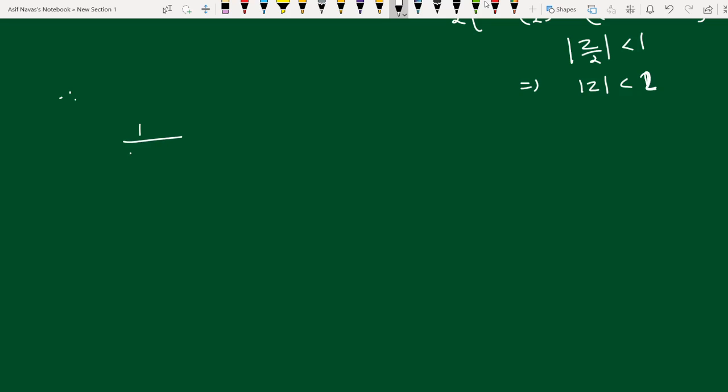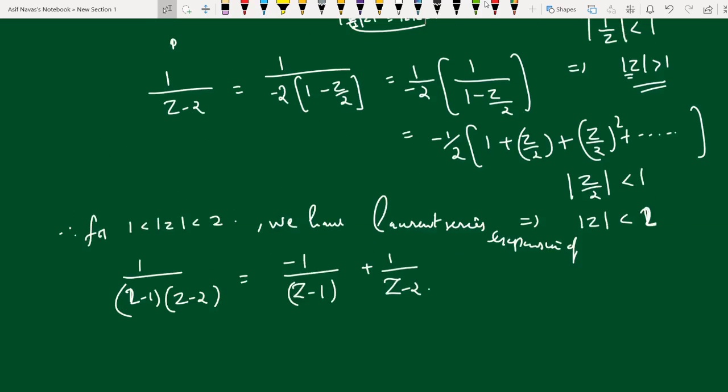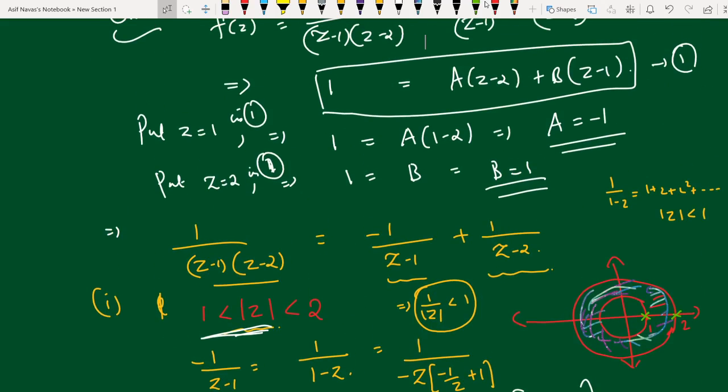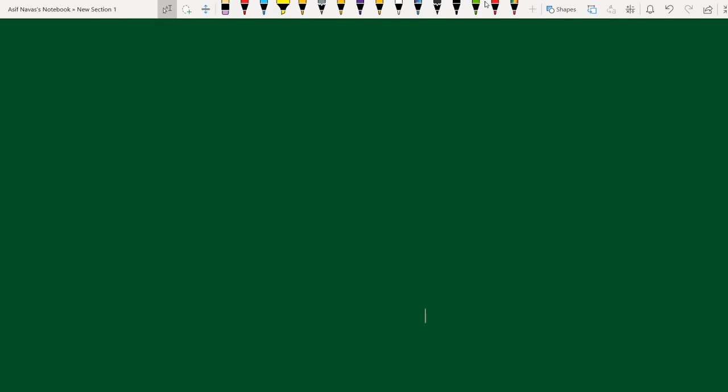Therefore, for 1 less than mod z less than 2, we have the Laurent series expansion of 1 by z minus 1 into z minus 2, which is equal to minus 1 by z minus 1 plus 1 by z minus 2.